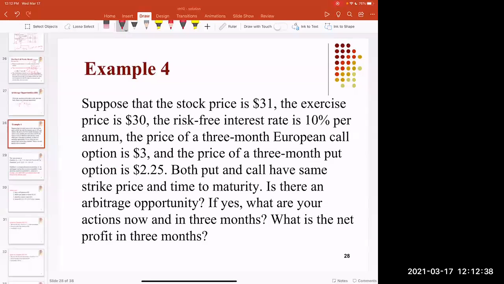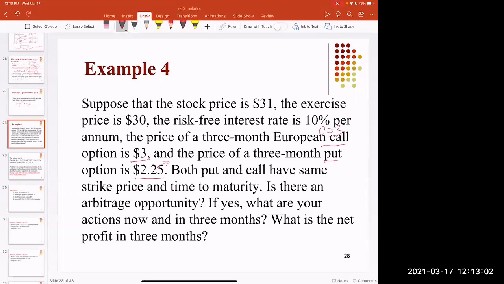Let's see example 4. Suppose the stock price is 31, exercise price 30, risk-free rate 10%. The price of a 3 month European call option is 3. So C equals 3. And the price of a 3 month put option is 2.25.